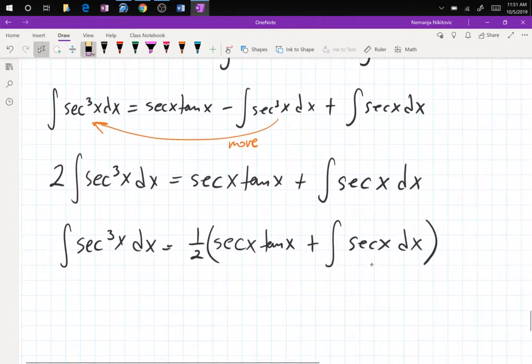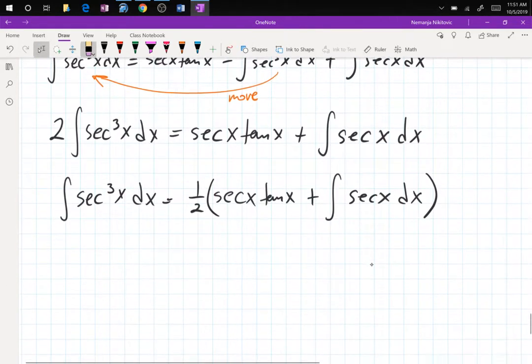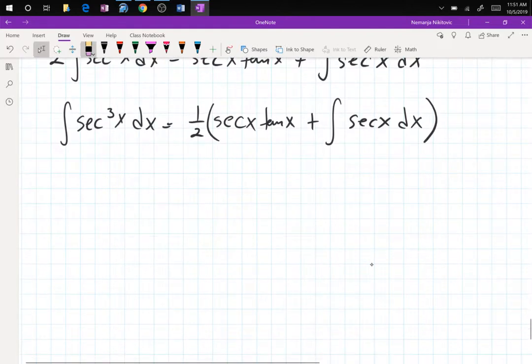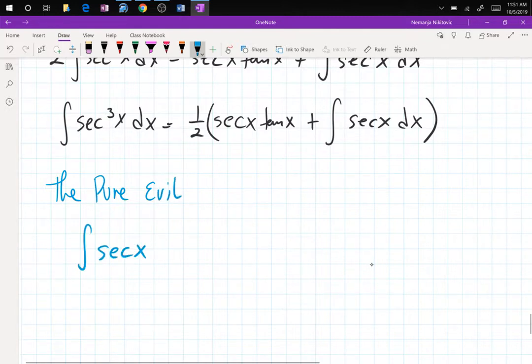You might be able to do it, you might not be able to do it. But what follows for the integral of secant is the pure evil. And that's the new title. The pure evil. The integral of secant x dx.